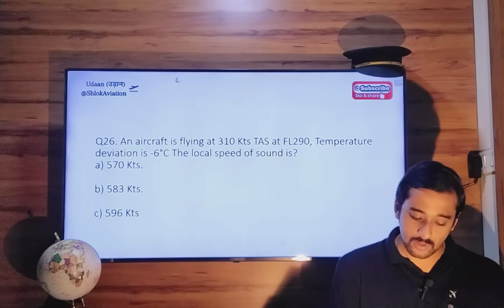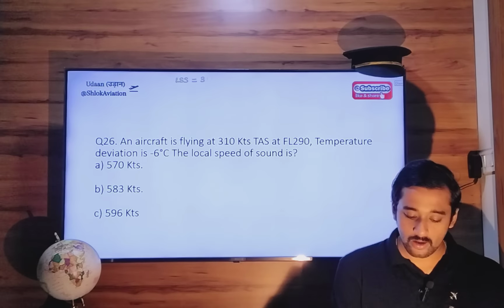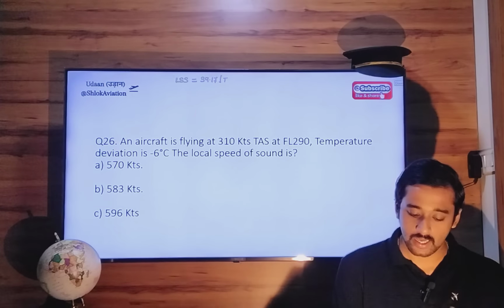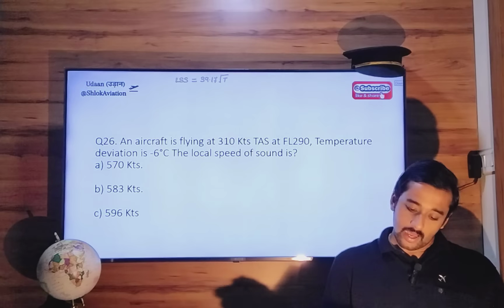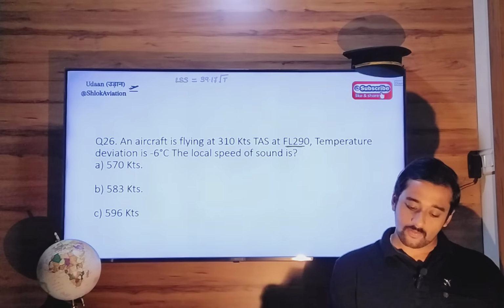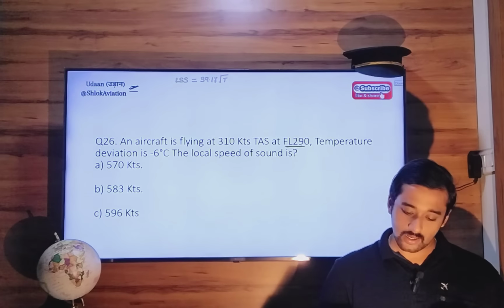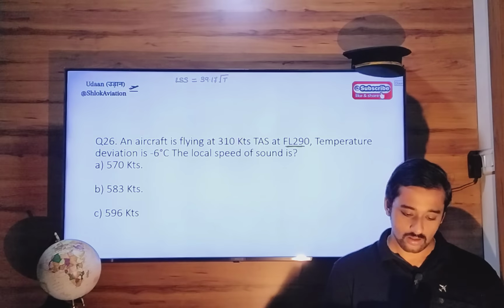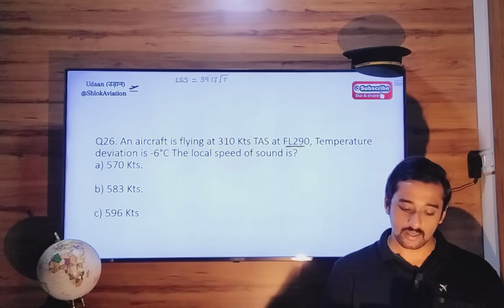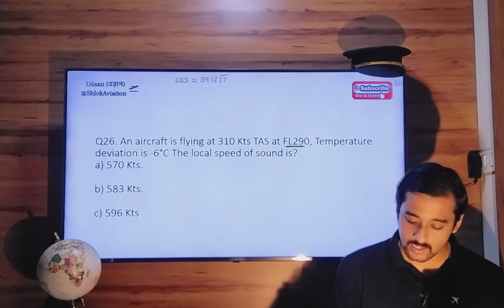We all know local speed of sound is 39.17 square root of temperature in Kelvin. Now we are flying at flight level 290. The temperature at flight level 290 must be 15 minus 58, that is minus 43 degrees Celsius.